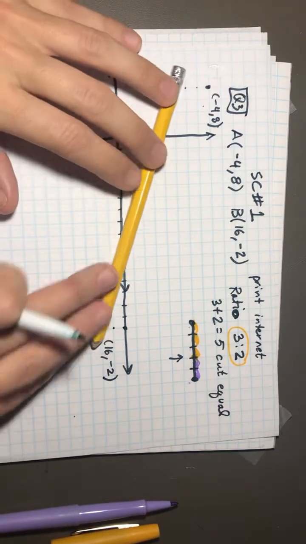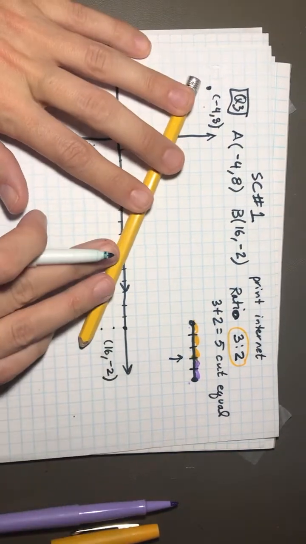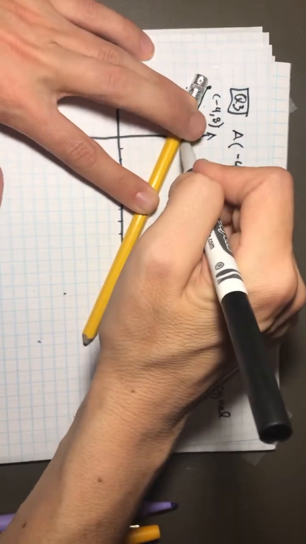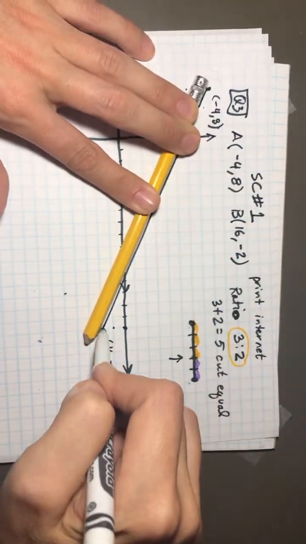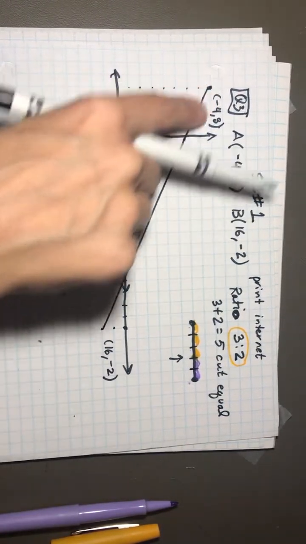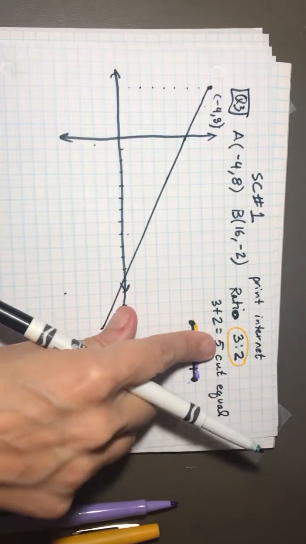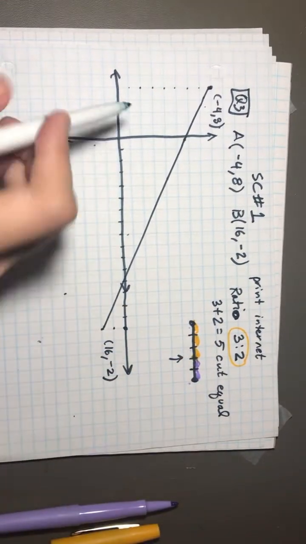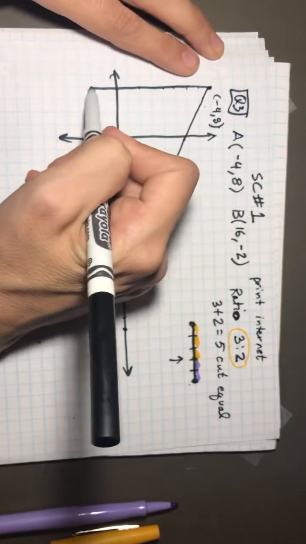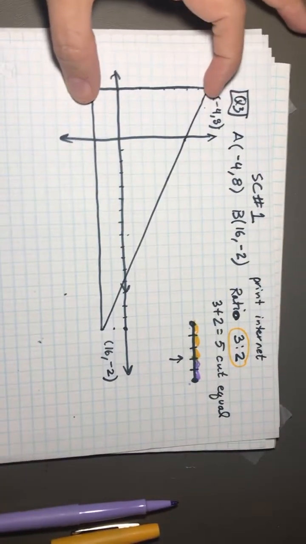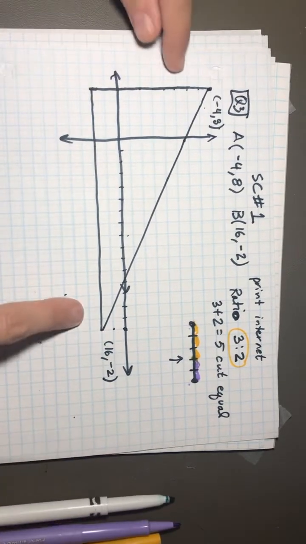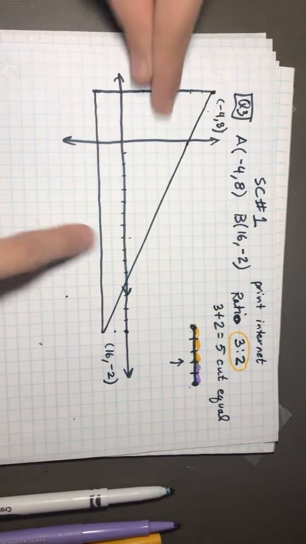So, using a straight edge, I need to connect these 2 points. And that's a really far way to go. And it's really hard to cut a line that long into 5 equal pieces. So I'm better off making a triangle and cutting one side in 5 equal pieces and this side in 5 equal pieces, and then figure out where I'm going to go.